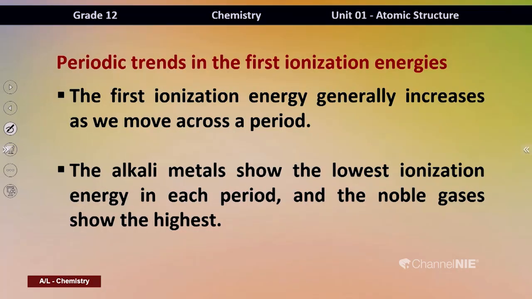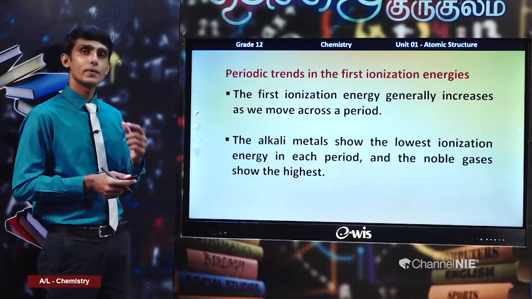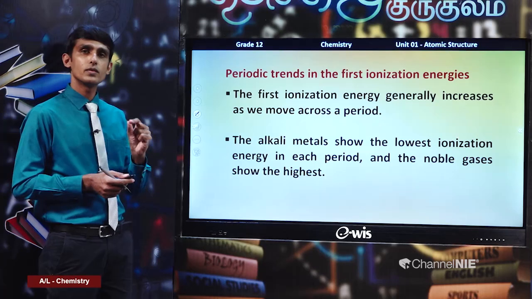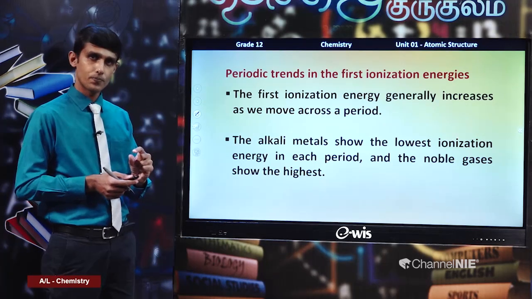Now, the important part we are going to discuss is the periodic trend of the ionization energy. Here we mainly focus on the variation of the first ionization energy across a period and on moving down the group. The first ionization energy generally increases when we move across a period. The reason is mainly the increase of the effective nuclear charge.